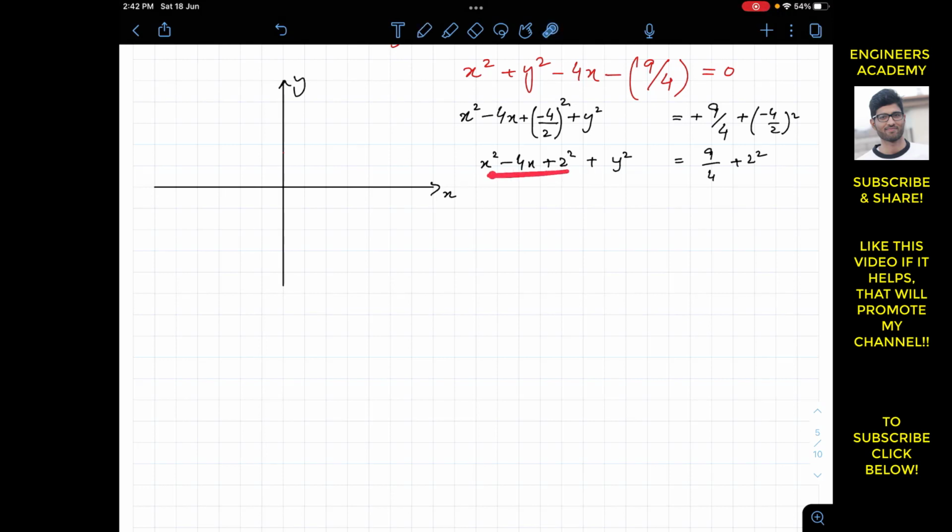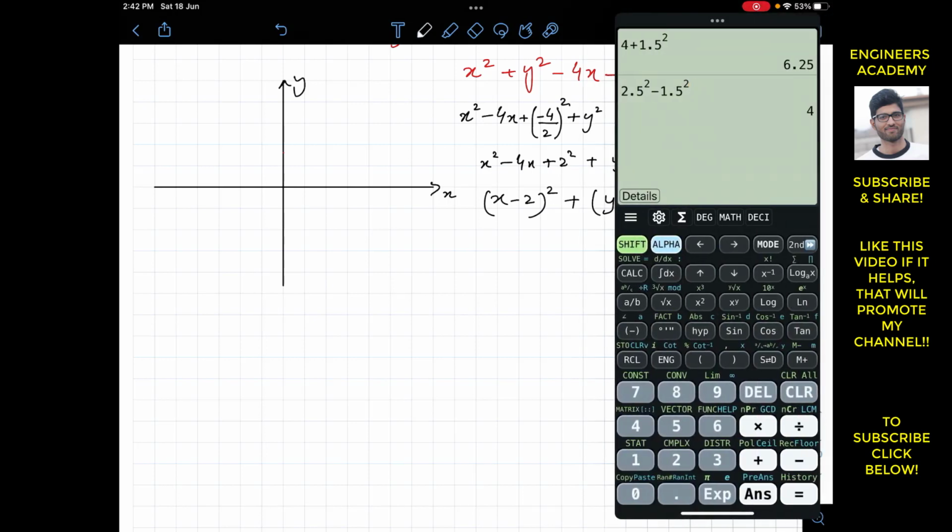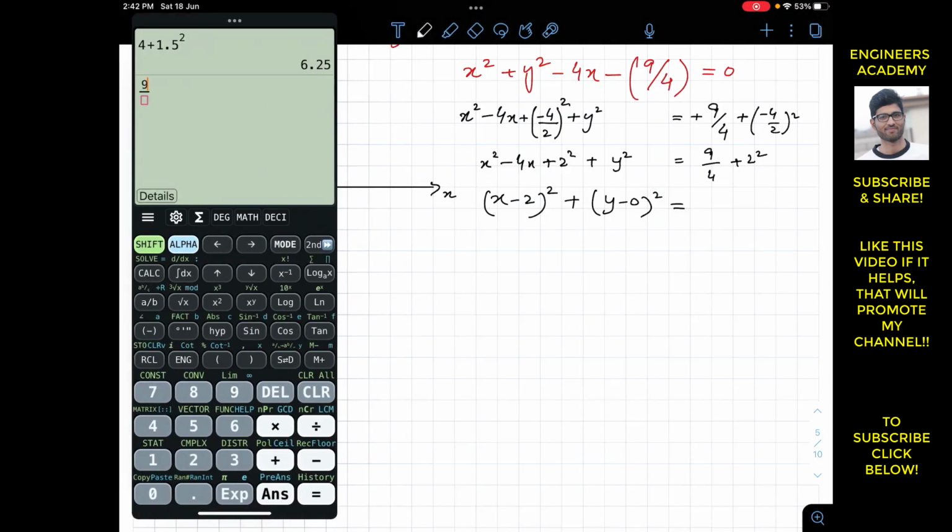So this will give us x minus 2 square, and we can write this y square as y minus 0 square, and 9 divided by 4 plus 2 square. So 9 divided by 4 plus 4 gives us 6.25.